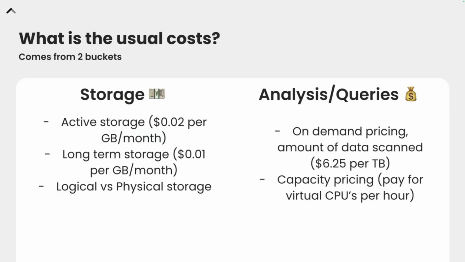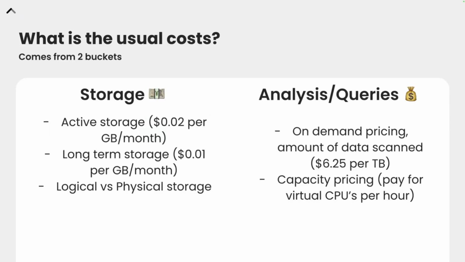The second bucket, which is most of the time the more expensive part, is analysis, or running your queries. And there are two ways to pay for this. It's on-demand pricing, which is the default one when you start up a project in BigQuery, and there the charging is based on the amount of data scanned by your queries.